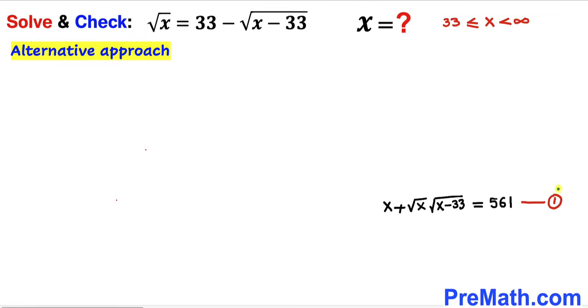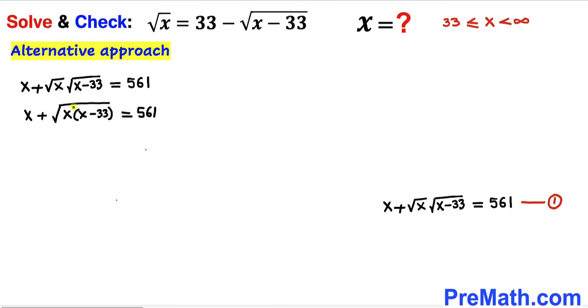And now let's focus once again on this equation 1. And here I have copied down our equation 1. And now we are going to multiply these radicals. And now we can see inside this radical, if we distribute x, that is going to give us x square minus 33 times x.